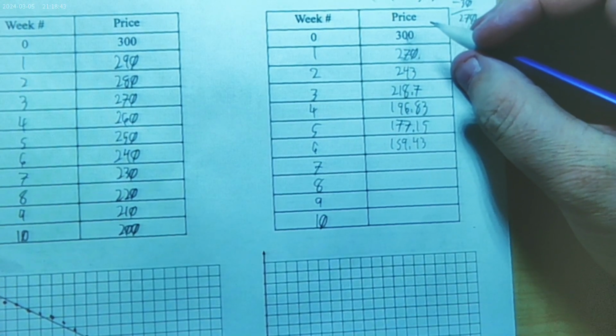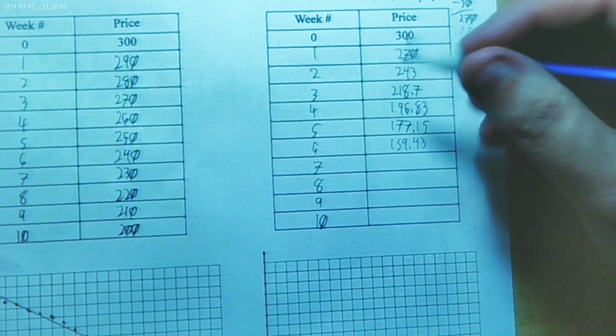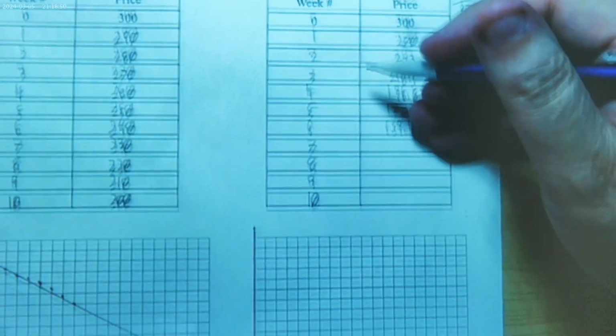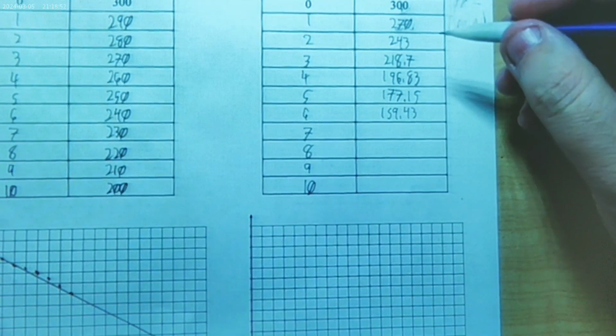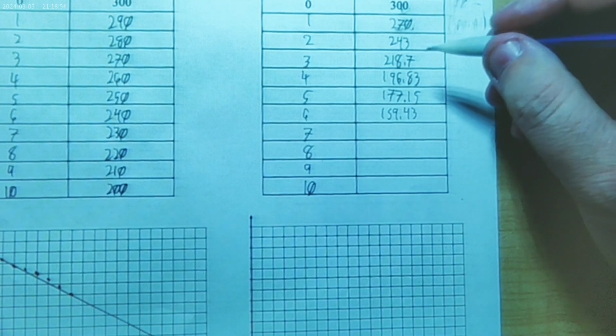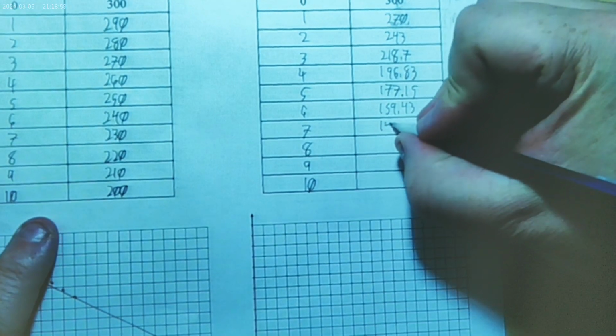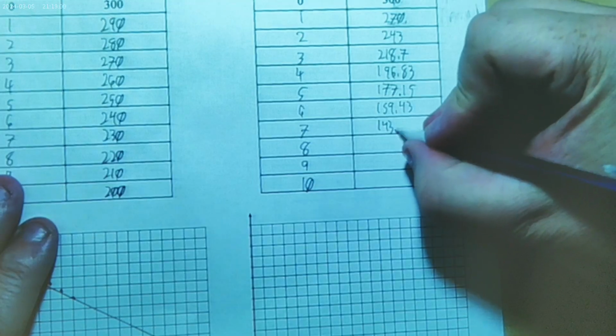All right, so 159.43. And I know it's exciting listening to me use the calculator, but hopefully you're doing this along with me. Minus 159.43 times 0.1 equals 143.49.